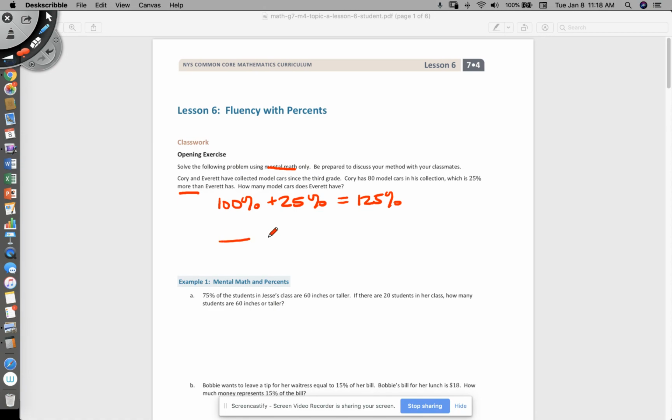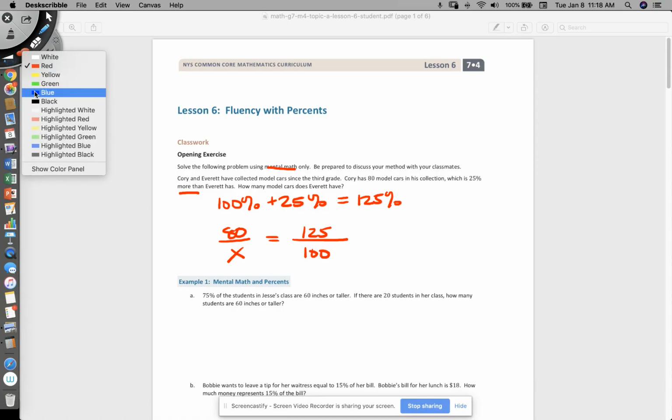So when we set up our proportional relationship, we know that the bottom here is always 100. And since we're dealing with 125% from Corey, and that's 80 cars, what is the 100%? What would be the equal number? Basically, how much does Everett have? This is Corey and this is Everett.